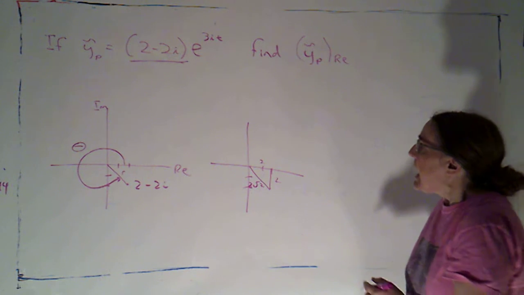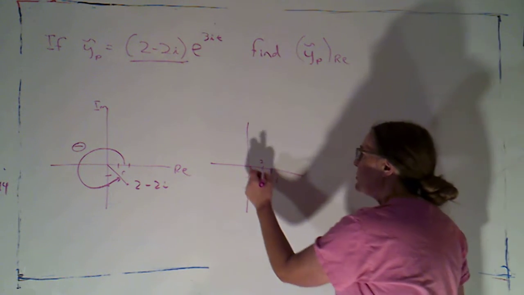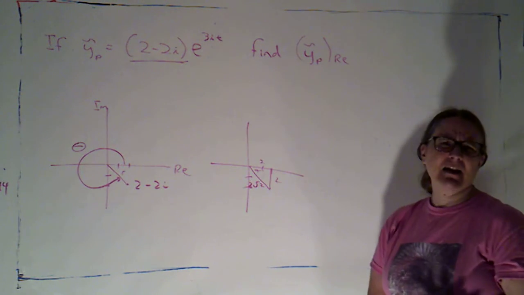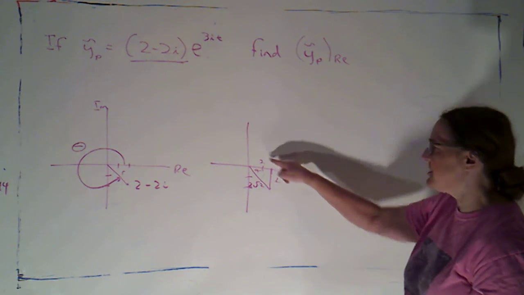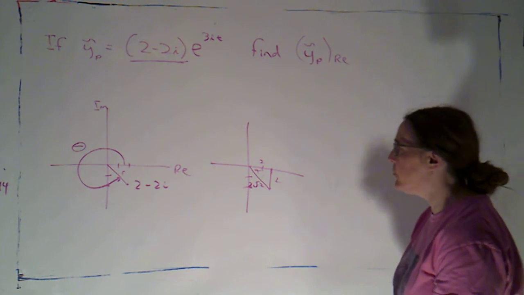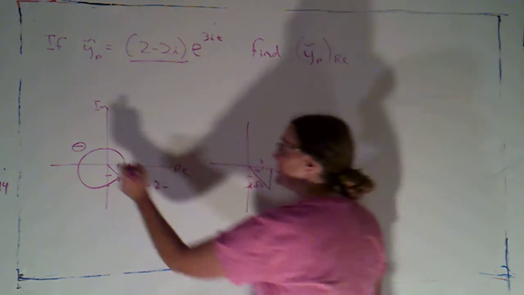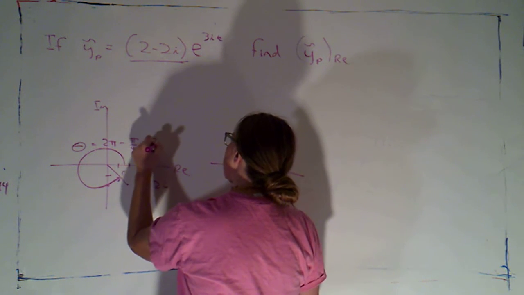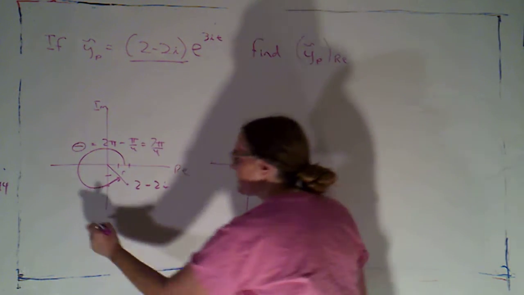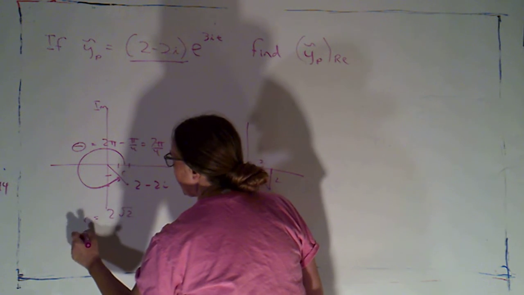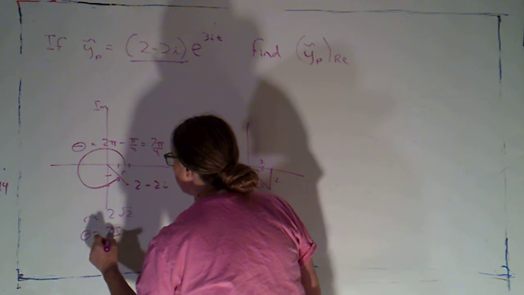If I look for theta, my reference angle alpha here would just be pi over 4, because its tangent is 1. The acute angle whose tangent is 1 is pi over 4. So my theta would be 2 pi minus pi over 4, or 7 pi over 4. So my polar coordinates would be r equals 2 root 2, and theta equals 7 pi over 4.